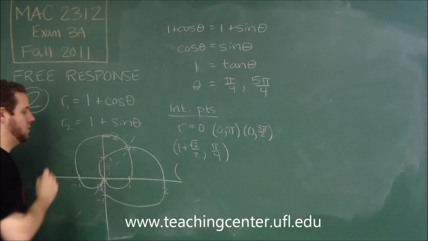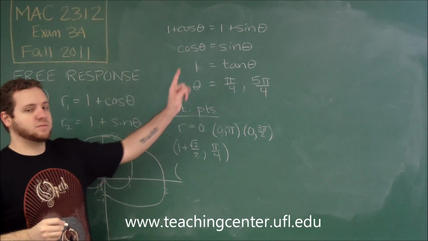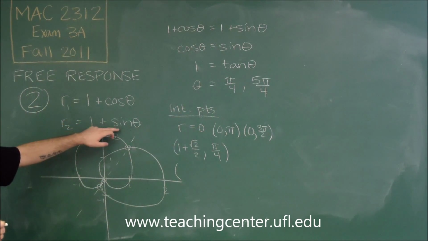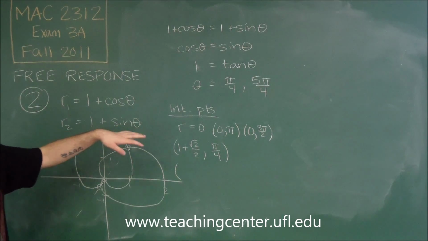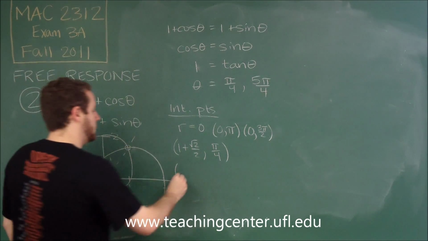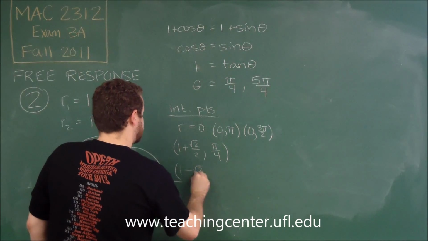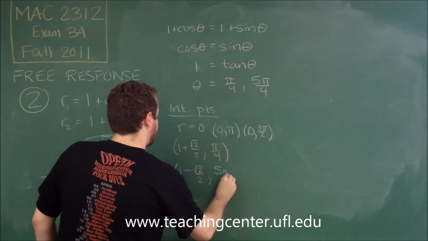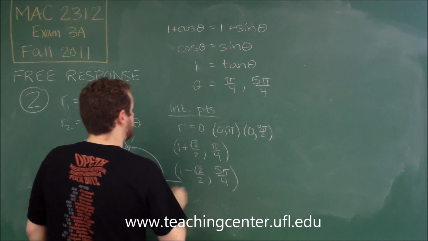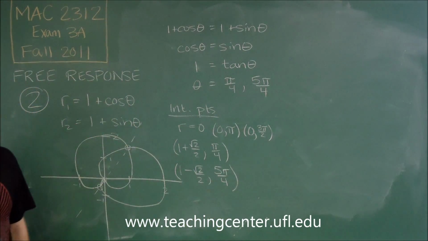And the last point down here, what's the r there? Well, that's when theta is 5 pi over 4. Cosine or sine of 5 pi over 4 are just negative root 2 over 2. So we would get 1 minus square root of 2 over 2, 5 pi over 4. So those are our 3 intersection points for this graph.